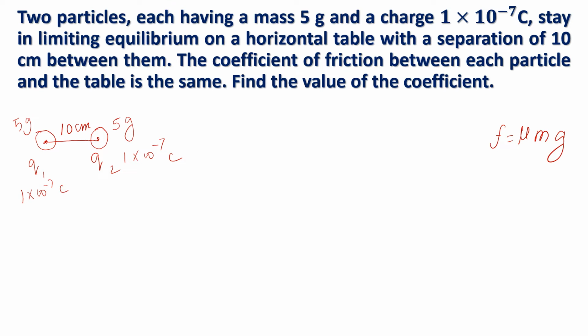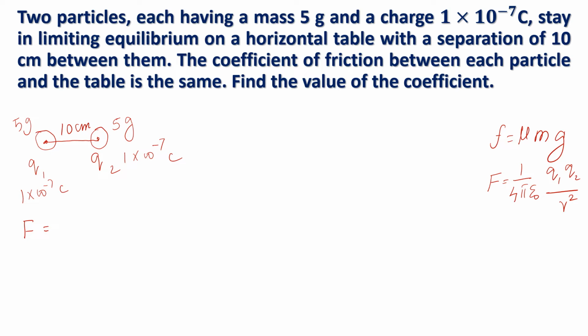So first we have to find the force between the two particles. The formula for the force between two charged particles is 1 by 4 pi epsilon naught, q1 q2 by r square. So first we calculate the force between the two charged particles.